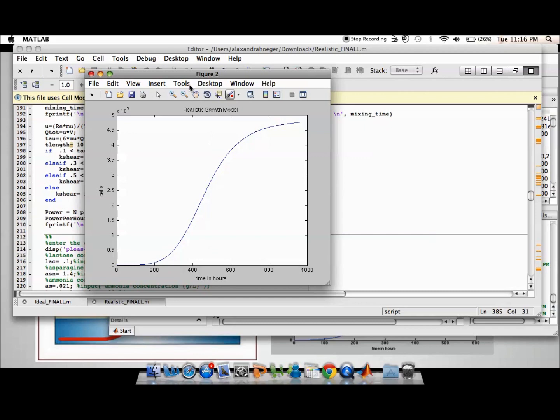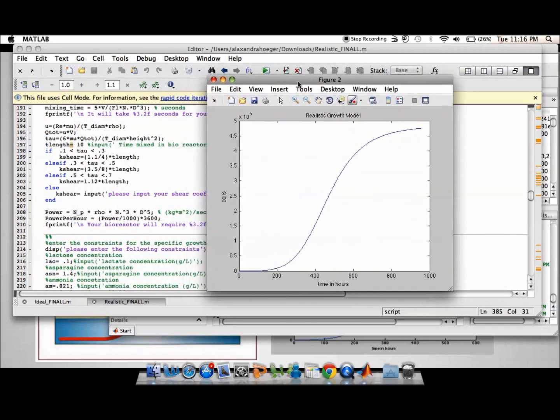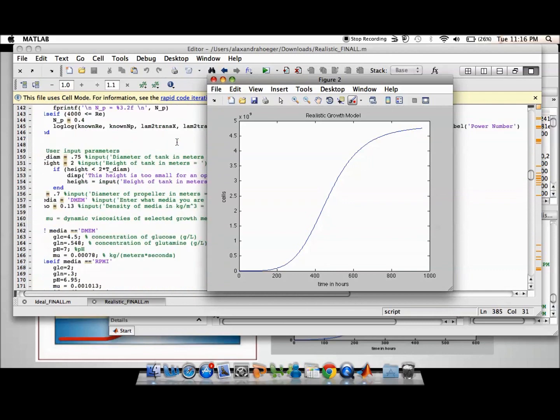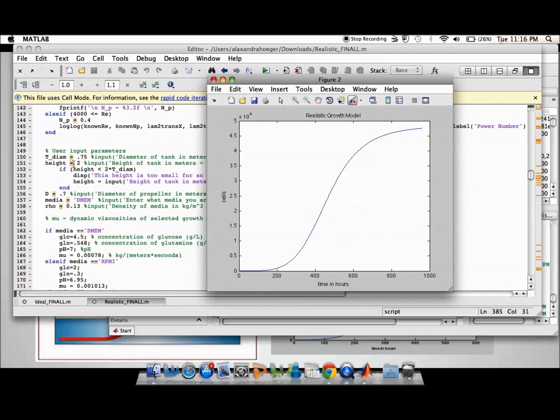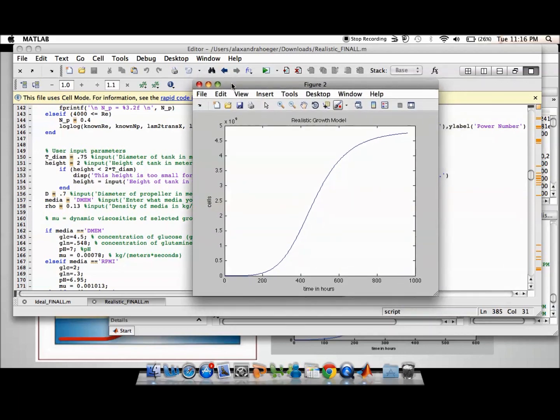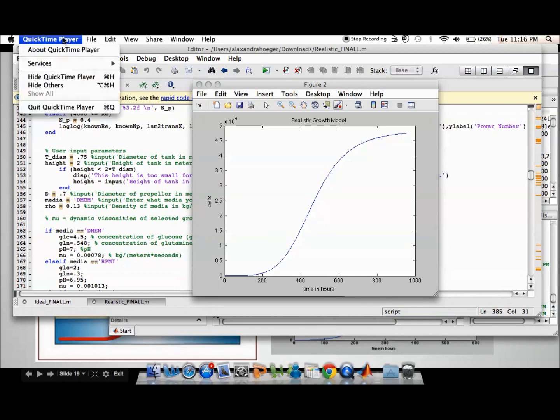And again, that seems quite a long time for cell growth, but since we do have quite a large bioreactor, if I go back up, we can see that we have a 2 meter high by 0.75 meter wide bioreactor. So you can imagine a 6 foot tall bioreactor that's almost 3 feet wide. It's going to take a little while to reach confluency. Alrighty, I think that's going to conclude my section.